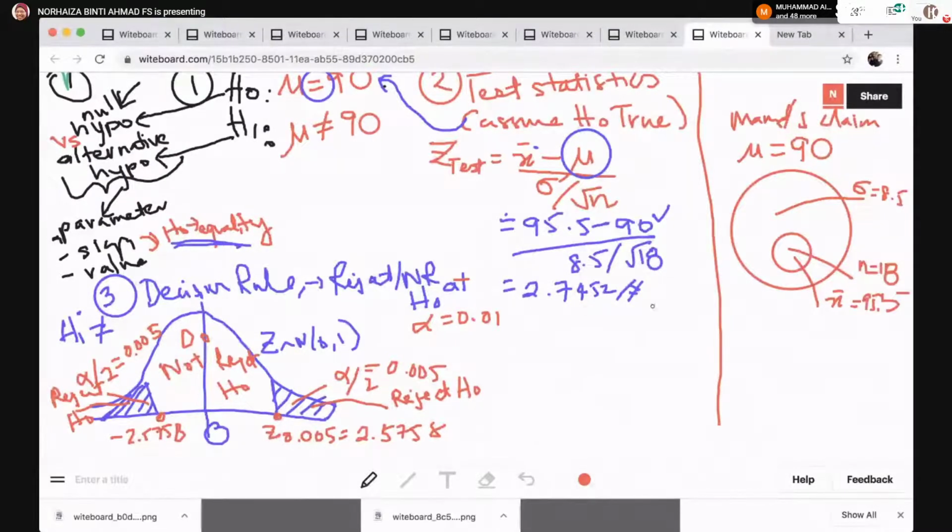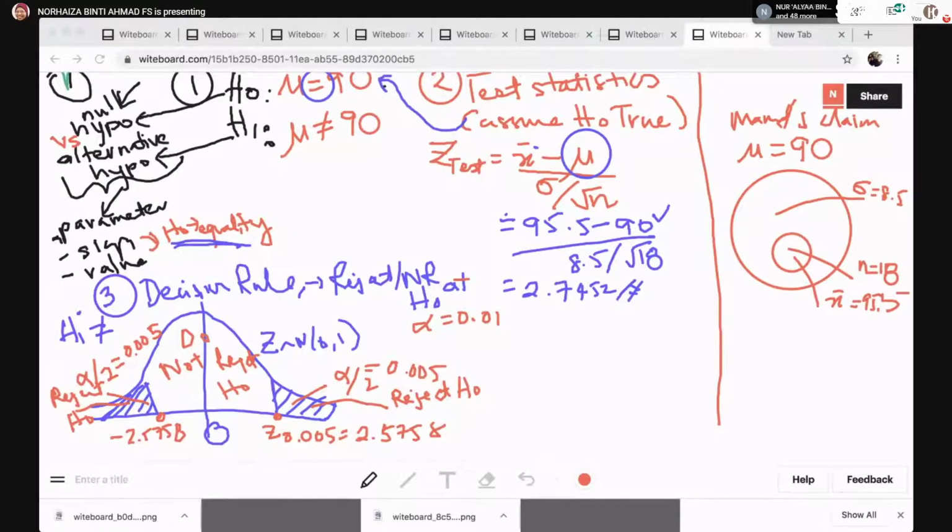Now since this is 2.5758, where is the position of 2.7452? Is it in the rejection region or non-rejection region? So here the point is we want to compare the value that we get from our observation against that of a standard normal distribution at alpha 0.01.